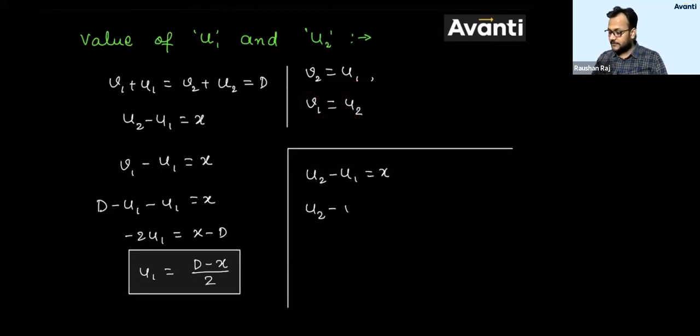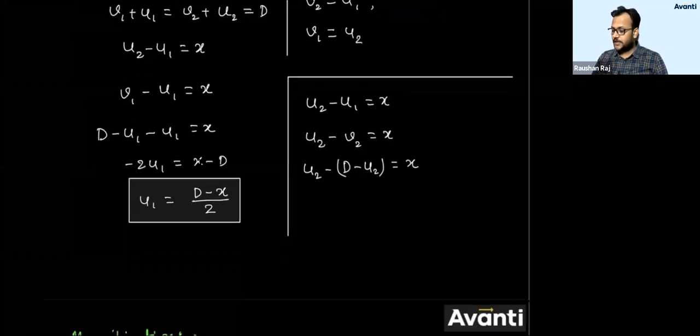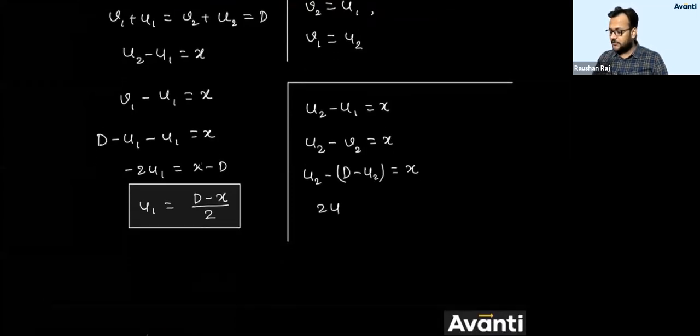So U2 minus V2 is equal to X. So V2 will be equal to D minus U2. So U2 minus (D minus U2) will be equal to X. So I'll get 2U2 will be equal to X plus D, or D plus X.